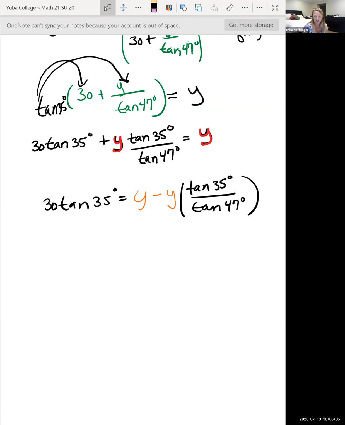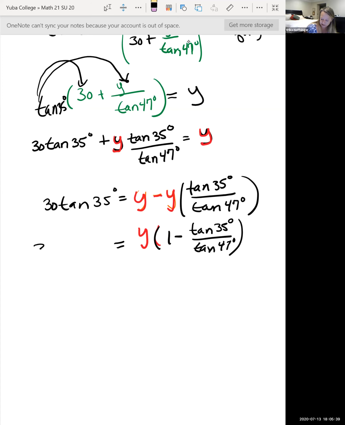So factor a Y out of both of those terms. We would be left with 1 from the first grouping minus tangent 35 degrees over tangent 47 degrees for the second grouping.